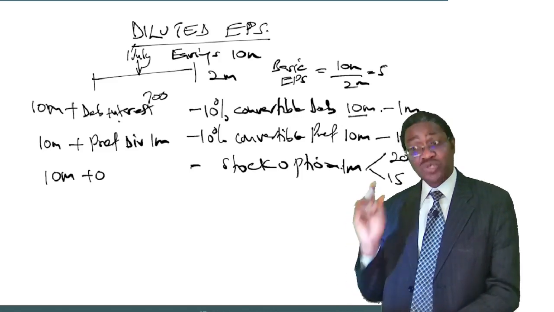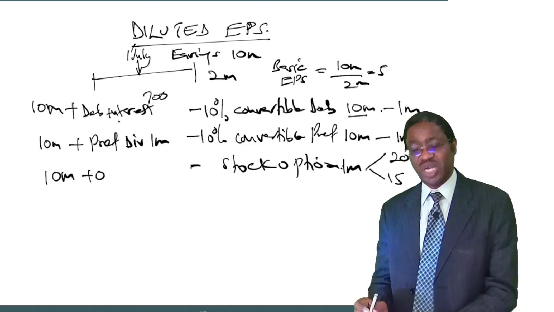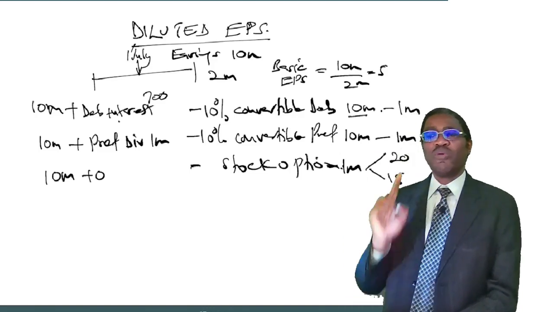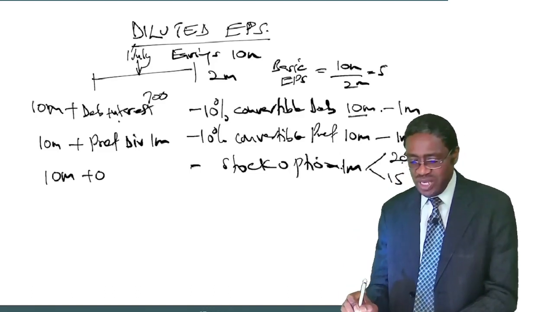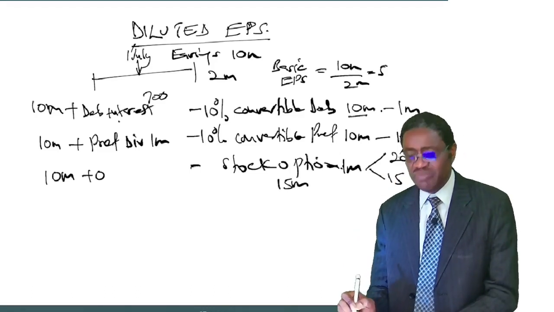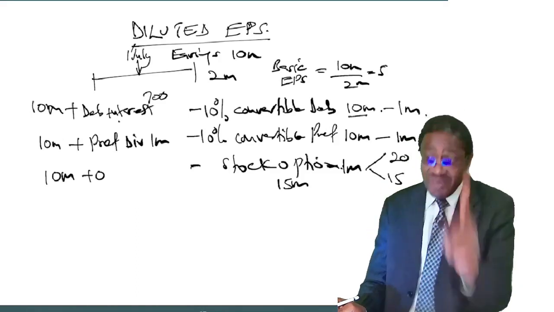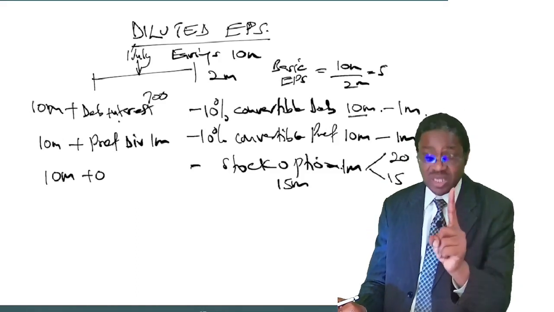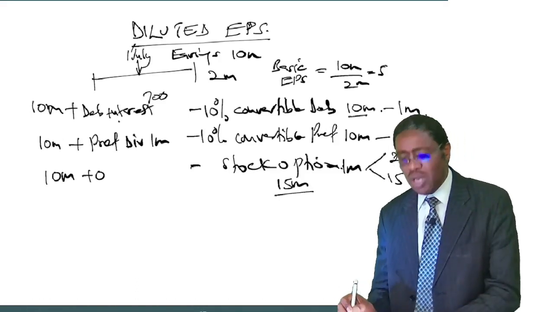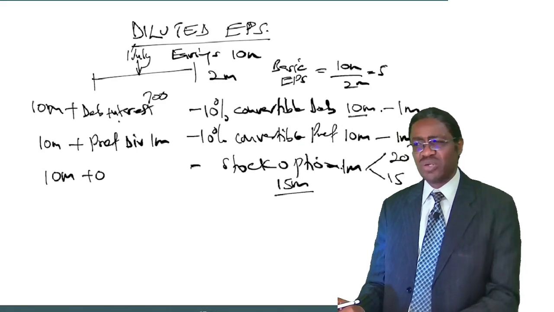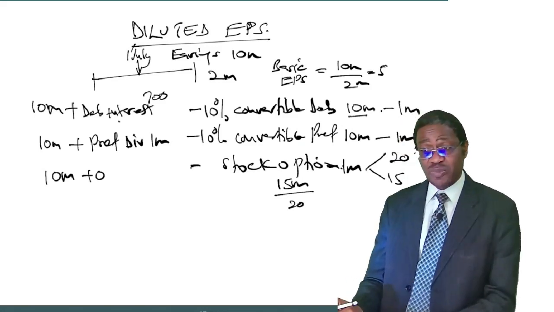When they buy, they will pay 15 million, because they buy each share at 15 and they are given the privilege to buy 1 million shares. But they will bring in that 15 million when the market price per share is 20.